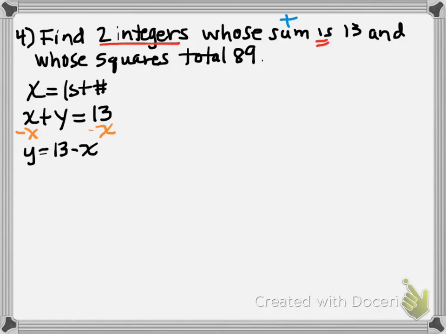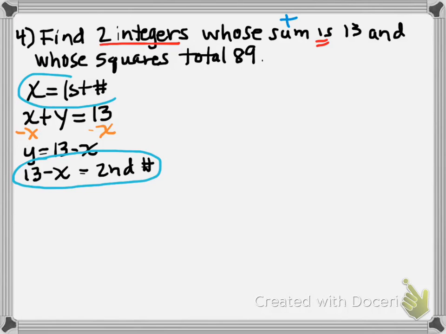So there's proof how you get that. So this 13 minus x is going to represent the second number. So I'm going to circle up our two definitions. And this is what I'm going to use in the next part.